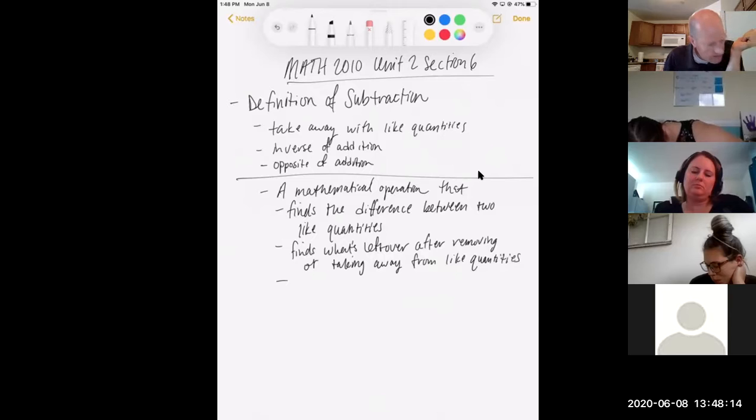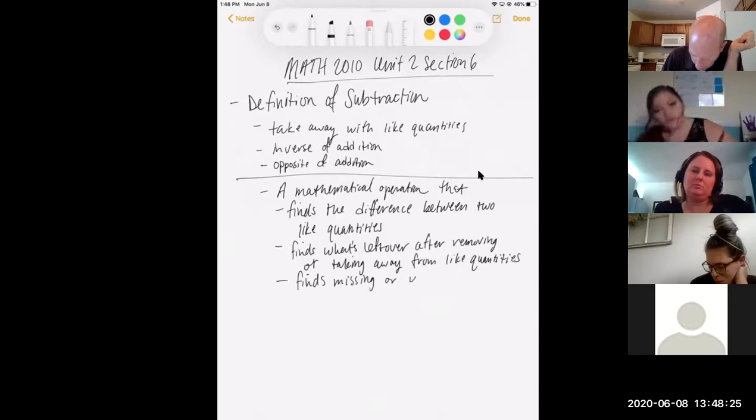And it's also finding a missing or unknown addend. So you guys had these connections to addition as well, so that's good.